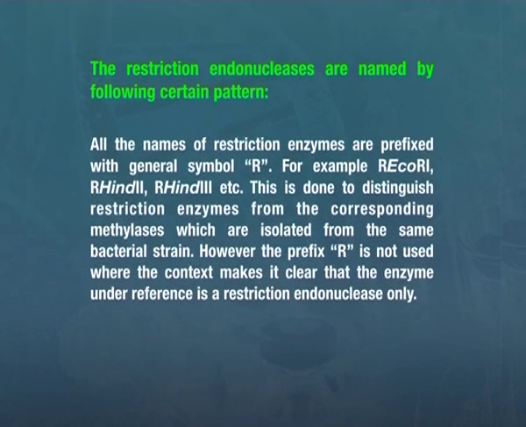In the fourth point, all the names of restriction enzymes are prefixed with the general symbol R. For example, R-EcoRI, R-HinII, R-HinIII, etc. This is done to distinguish restriction enzymes from the corresponding methylases, which are isolated from the same bacterial strain.